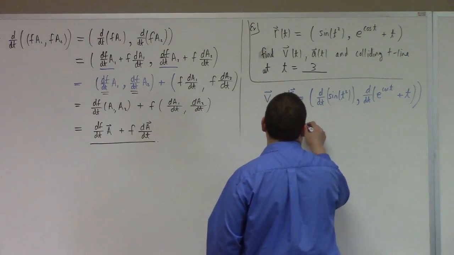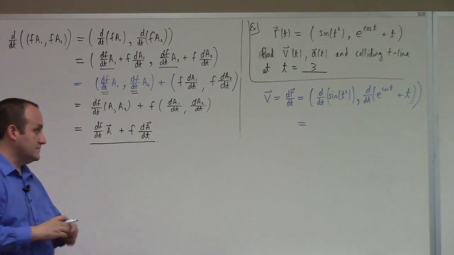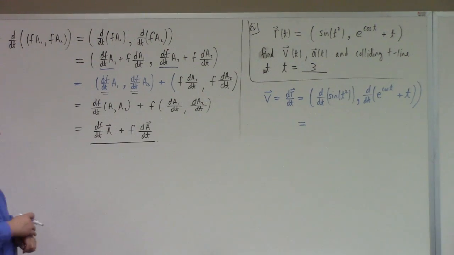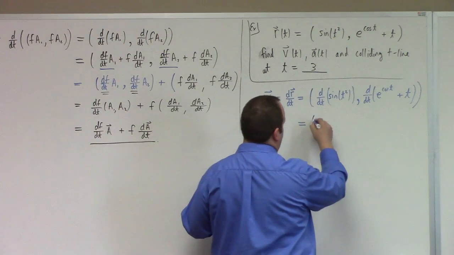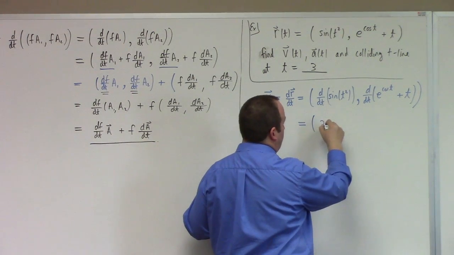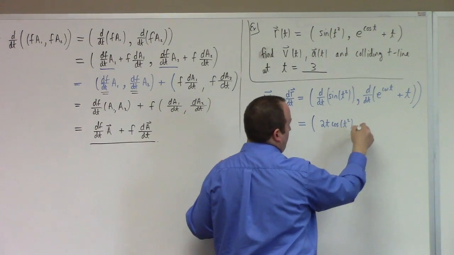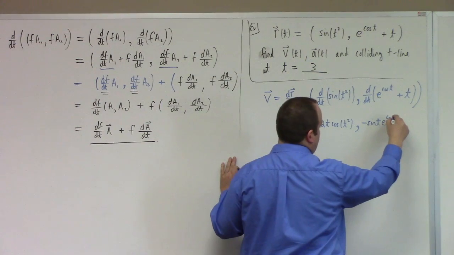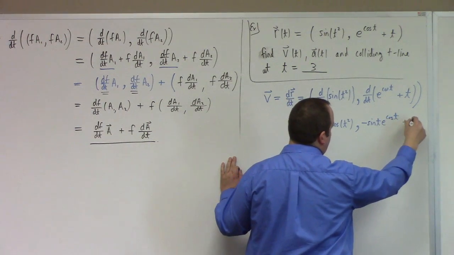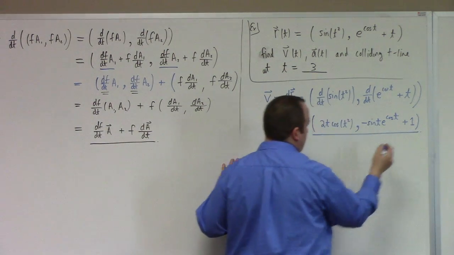What is that? Chain rule, right? So I've got 2t cosine of t squared. And over here I've got minus sine t e to the cosine of t plus 1. So there's the velocity at time t.